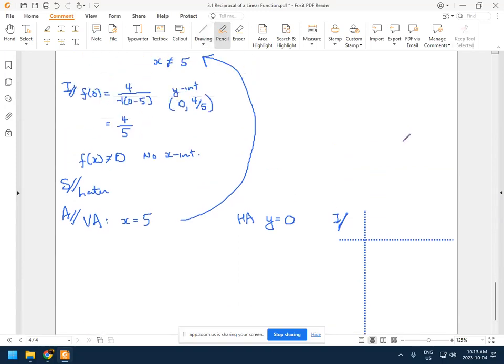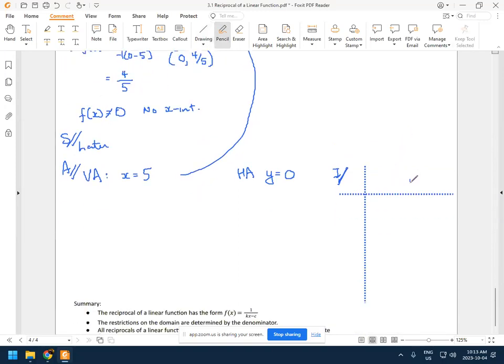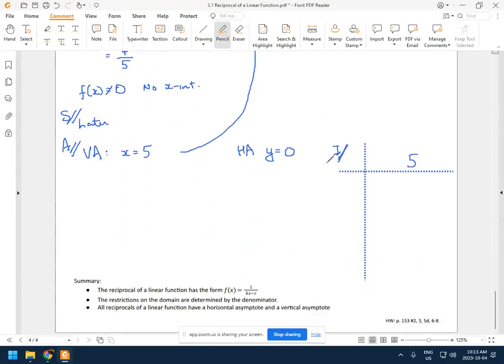What is my VA? No x-intercept, and okay, so that's just the 5. And what part of this function could change sign? The negative 1 will always be negative 1. The x minus 5 can change signs. Here we go.